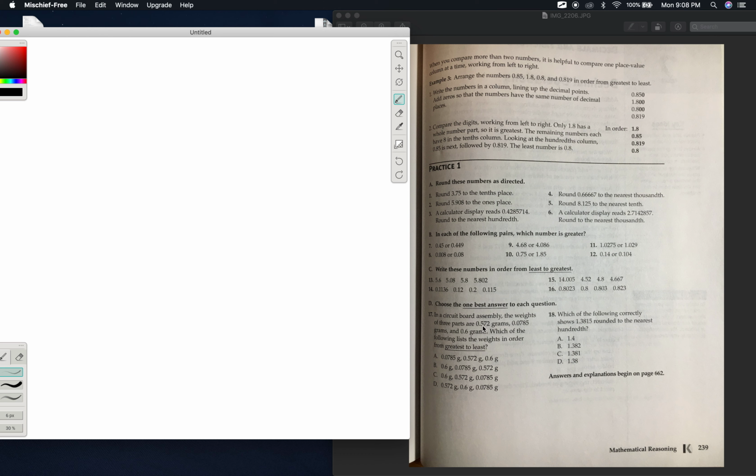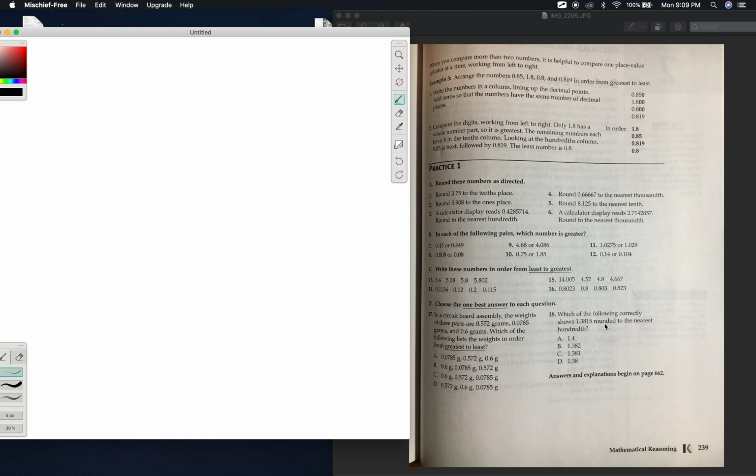Then this one, which is the 5, and this one has 0, so we know the smallest. Did it say greatest to least? Yes, greatest to least. So this one here has them in the correct order, greatest to least, which is letter C.